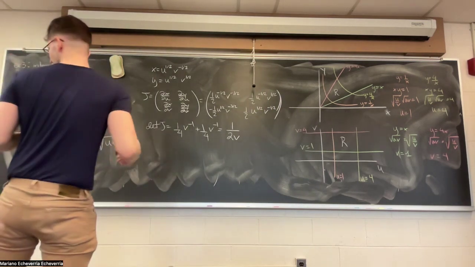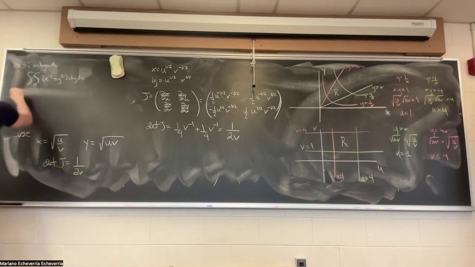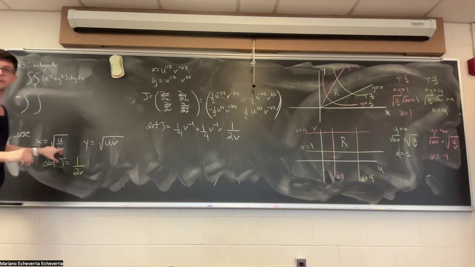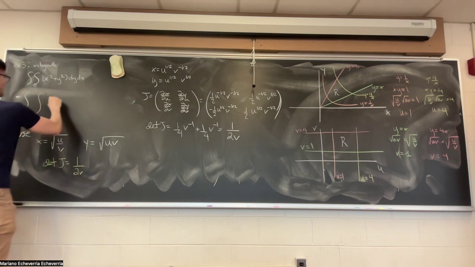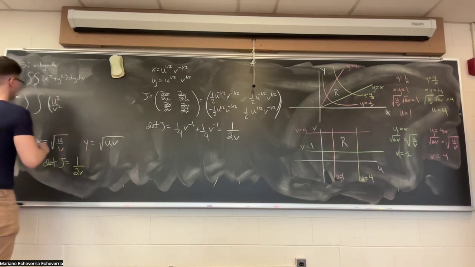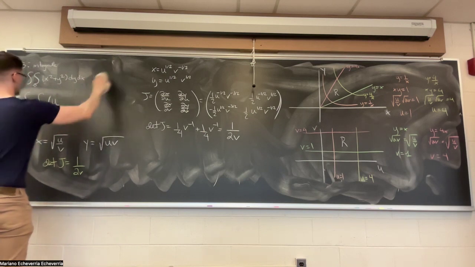Okay, so the double integral was an integral for x squared plus y squared. So what is x squared plus y squared? Let's think about it. X squared becomes u squared over v squared. I'm sorry, when you square it, you just get u over v, so the square roots go away.